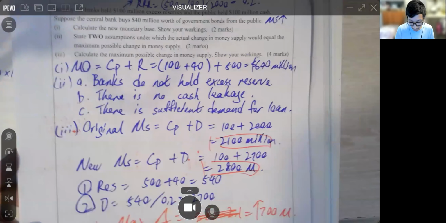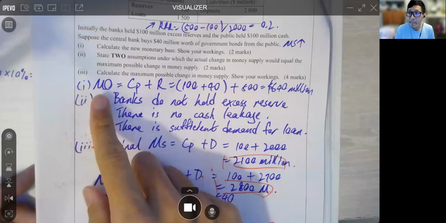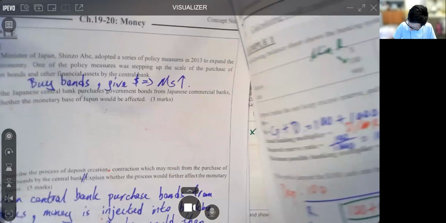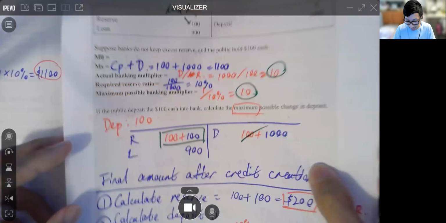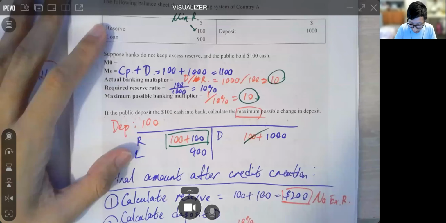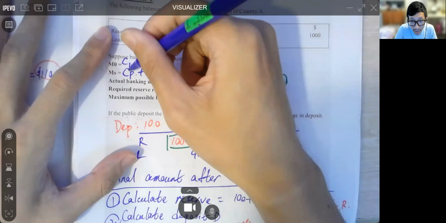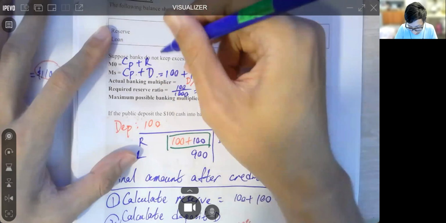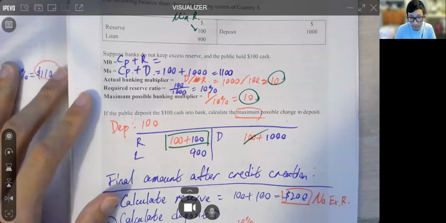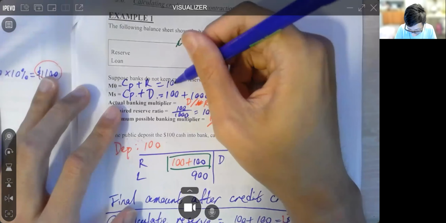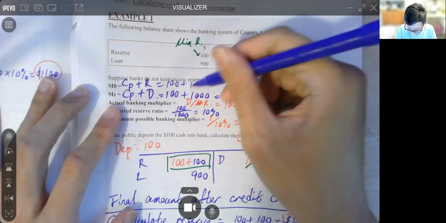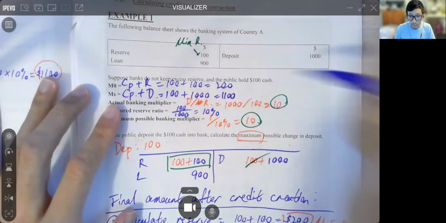Finally, we haven't talked about monetary base. Let's go back to page 15, actually 16. Monetary base refers to CP plus reserve, which in this case, page 16, would be CP 100 plus 100, so 200, right?